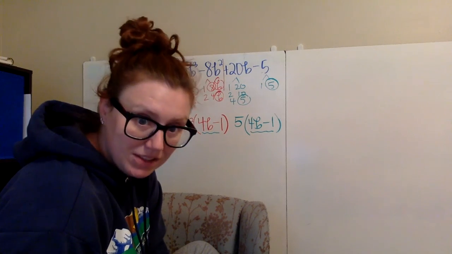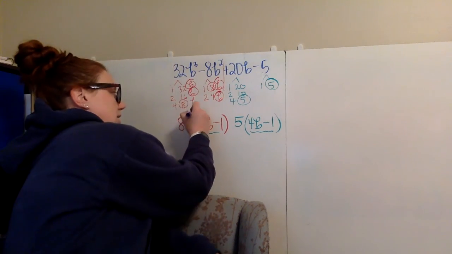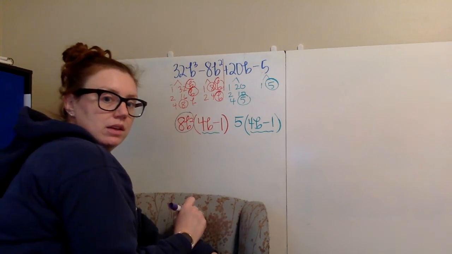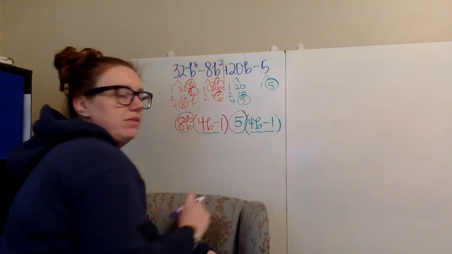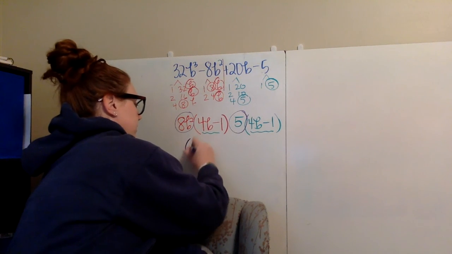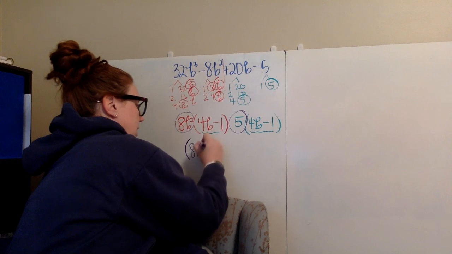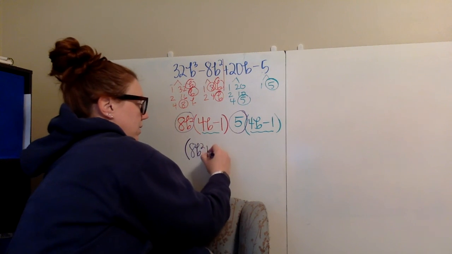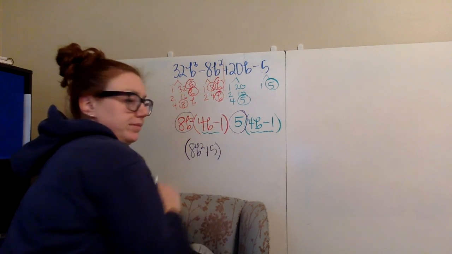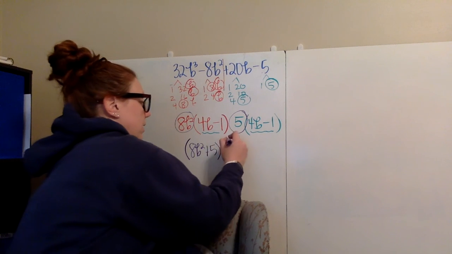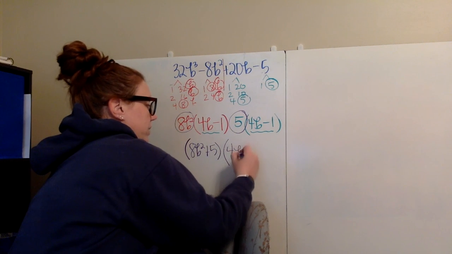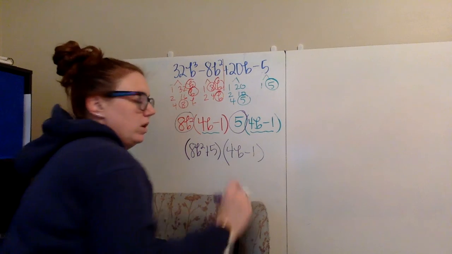So my final answer is GCF number 1 plus GCF number 2, 8b squared plus 5, and 4b minus 1, one of the leftovers.